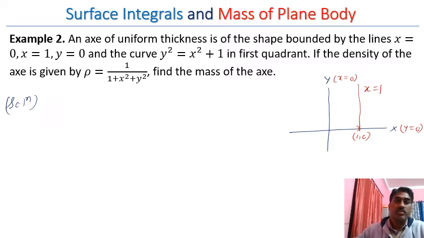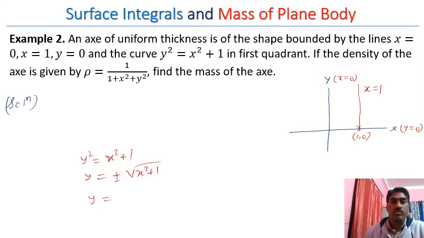Now we have to see the shape of this curve. So this y square is equal to x square plus 1 means y is equal to plus minus square root of x square plus 1. Because the shape is symmetric about y-axis as well as x-axis, when x is equal to 0, y is equal to plus minus 1.